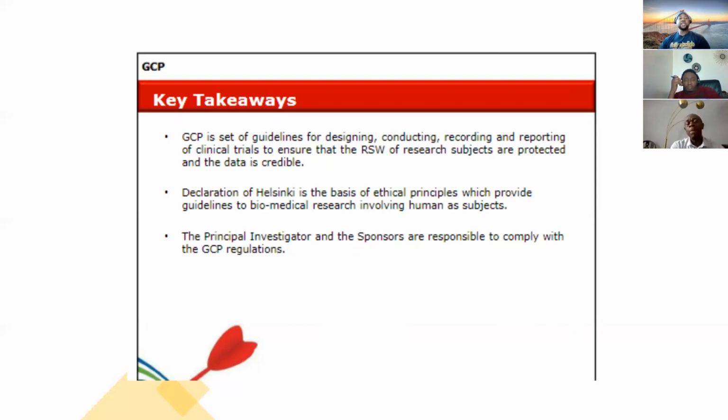Before a site or an institution develops an SOP for clinical trials, they must follow the guidelines of the GCP. The reason for that is that all activities they're conducting at the level of the site must be compliant with GCP principles.